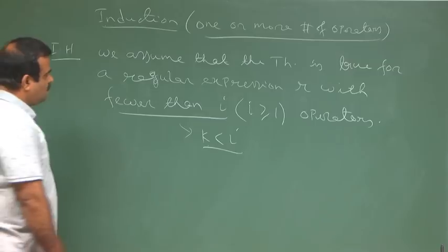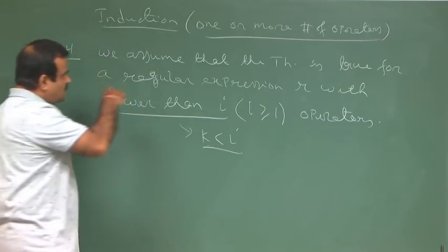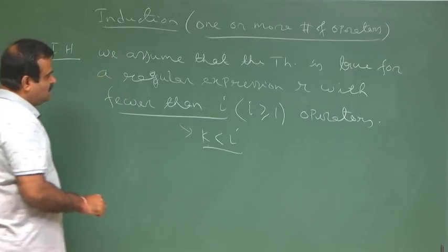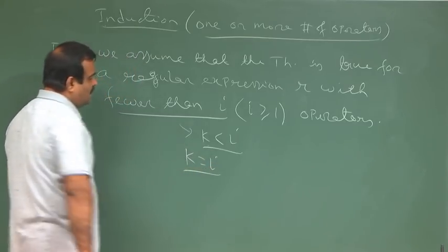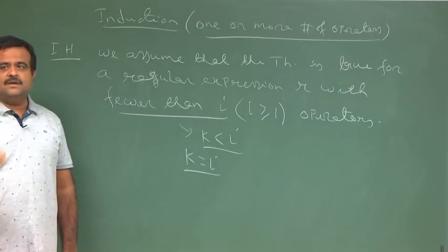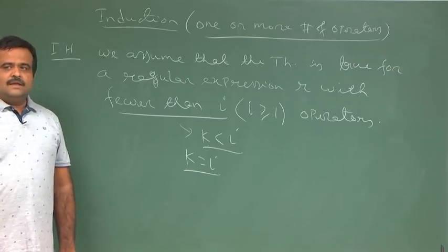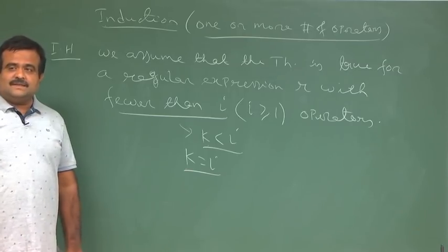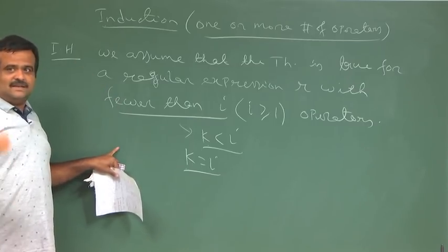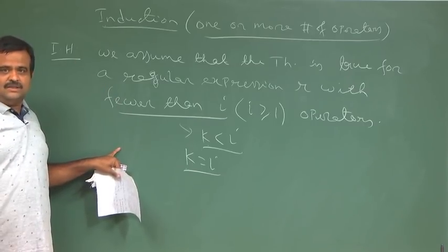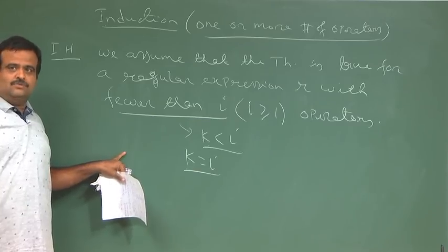Okay. Now, using this induction hypothesis, we have to prove that the result is true for k equal to I. If we can do that, and we already have the base case, the result is true for I equal to 0. So, if we can prove this, then the result is true for I equal to 0 plus 1, that is 1, I equal to 2, I equal to 3.